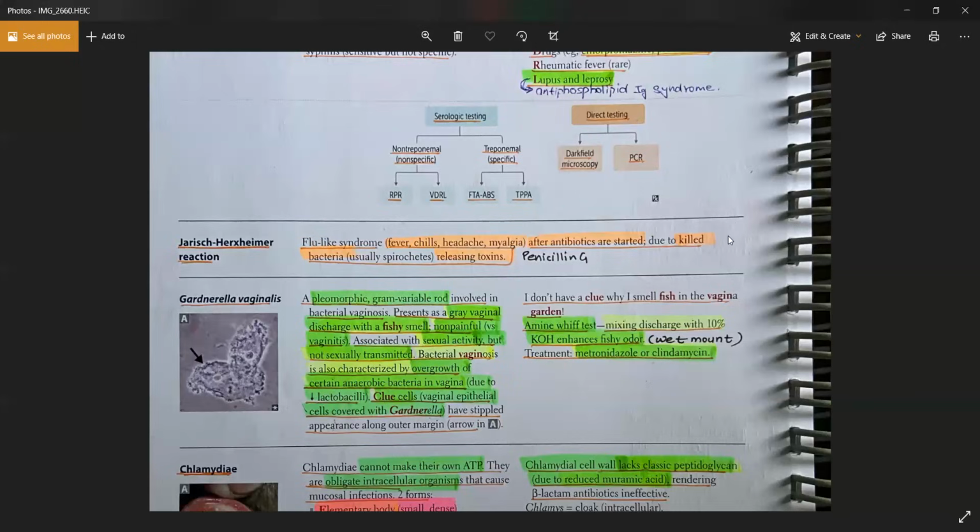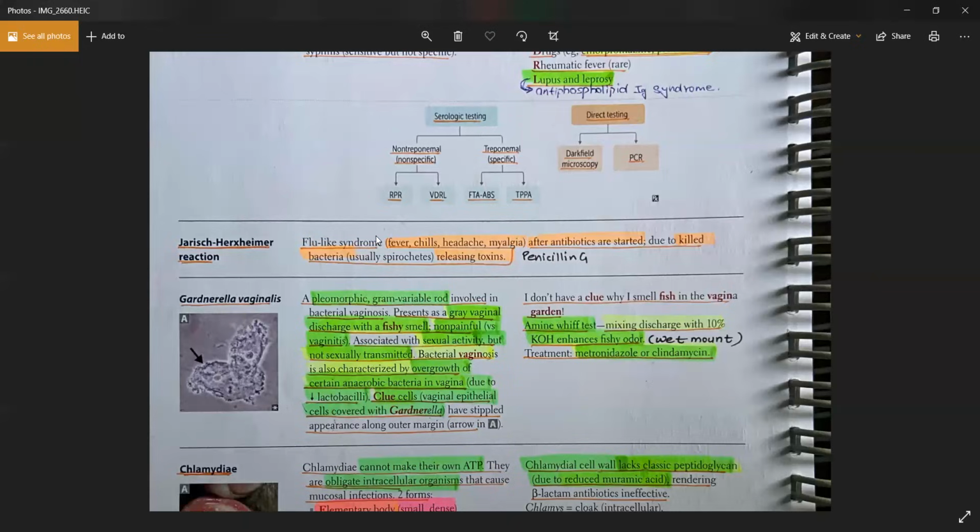And why does this happen? Because the killed bacteria release toxins. Like I told you, endotoxins are released whenever you kill gram-negative bacteria. So these endotoxins and other cellular components, when they are released out of the cell, lead to inflammation, and because of this inflammation you will get fever, chills, headache, myalgia.